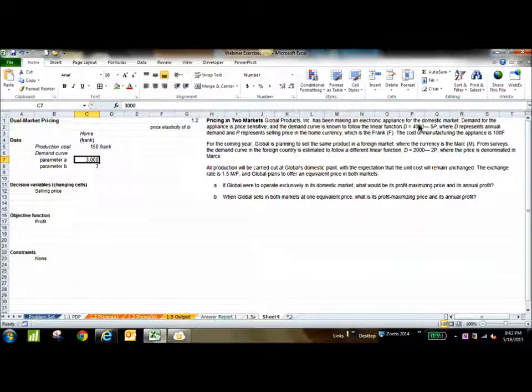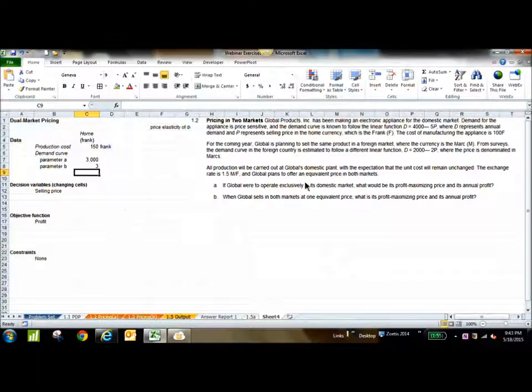Parameter B is -5, I put -3. Some people like to put the positive number, and then when they put the formula down, they throw that negative symbol in there. Sometimes people like to put -3 as the parameter B, and then in the formula they put plus -3. Whichever way you do it, that's fine. Just make sure you write the formula properly.